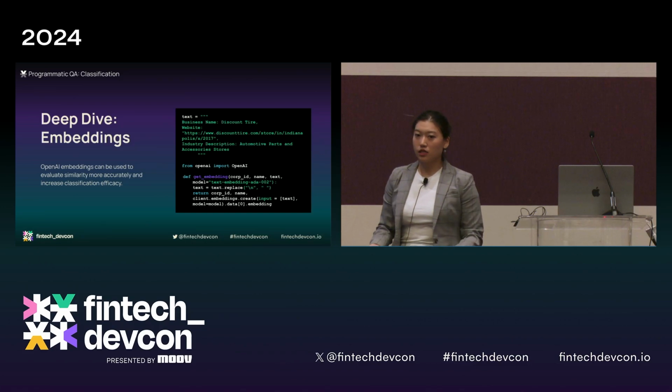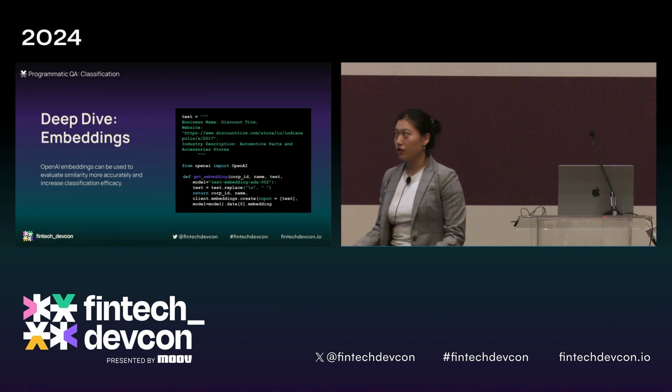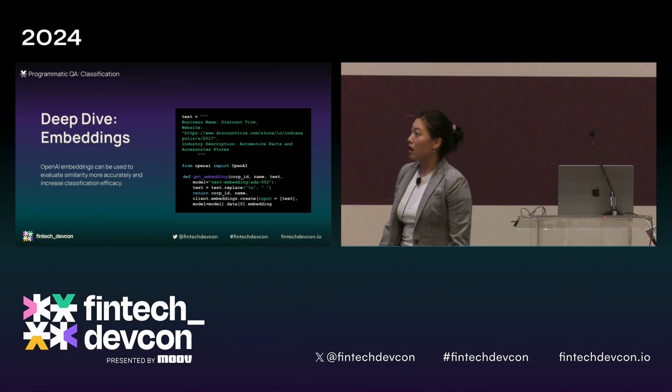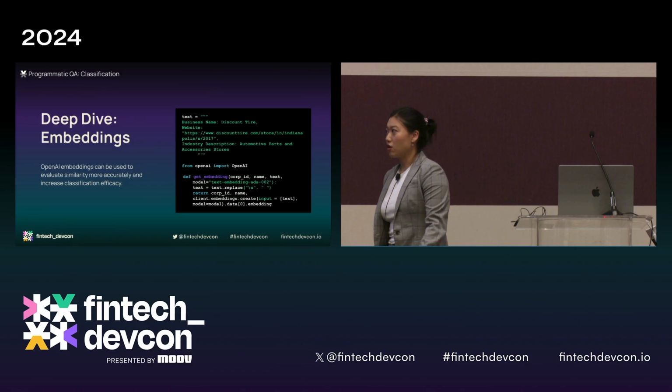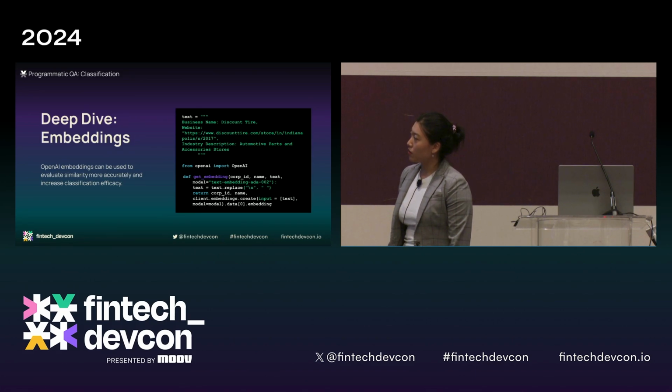After we get the embeddings for each counterparty, we can calculate the similarity scores for them. So the embeddings can help us evaluate similarities more accurately and also increase the classification efficacy overall.